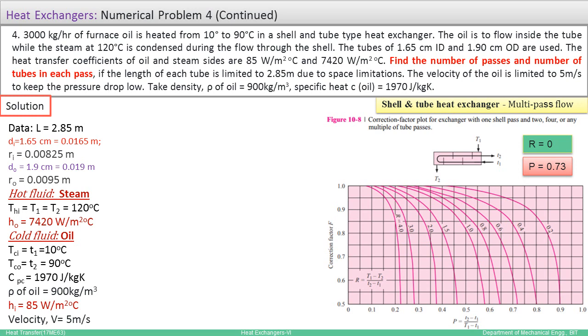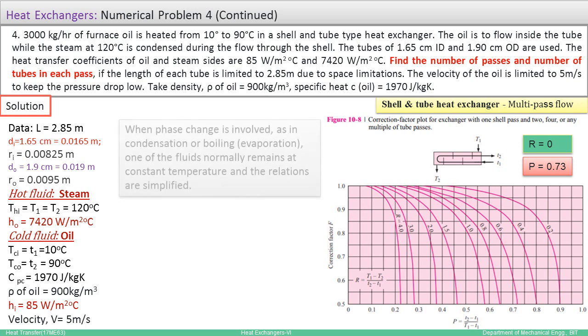It is R is equal to 0, and we have the curves drawn for R is equal to 0.2, 0.4, likewise it goes up to 4.0. The curves available here are from R is equal to 0.2 to R is equal to 4.0. But if you want to extend it for R is equal to 0, it automatically becomes correction factor equals to 1. So that is the case we have here in this problem.